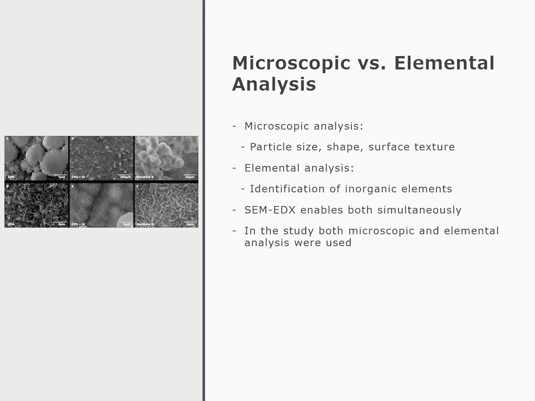Microscopic versus elemental analysis. One major advantage of SEM-EDX is the ability to examine both external features and elemental composition at the same time. Microscopic analysis looks at physical characteristics such as size, texture, and particle shape. Elemental analysis verifies the presence of specific inorganic metals.